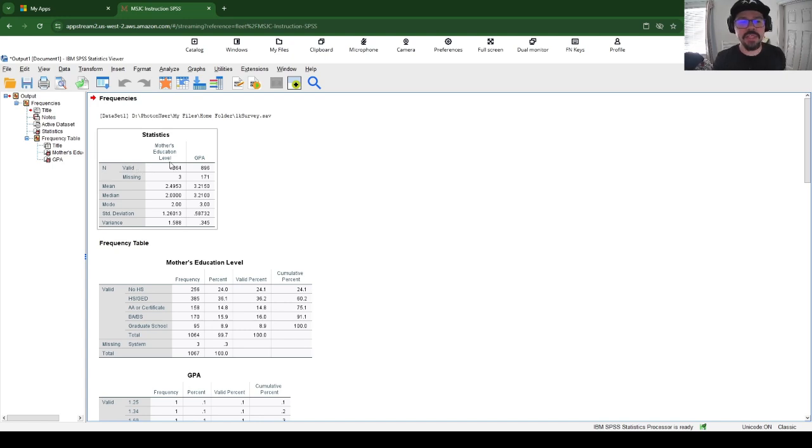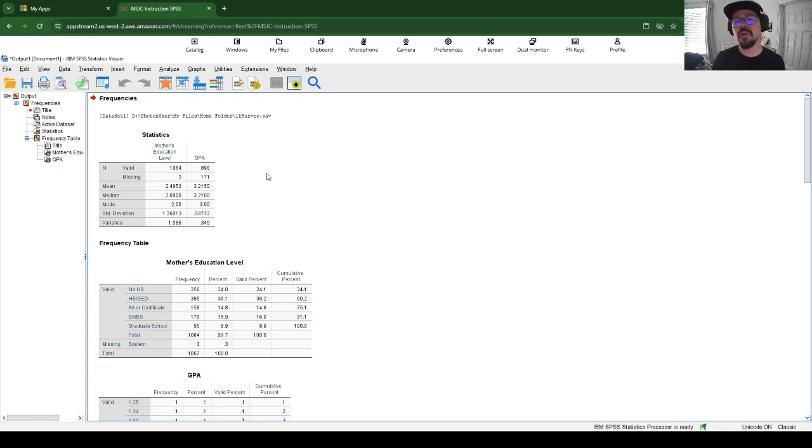So we have the mother's education level. We had 1,064 people who responded to that question. The GPA variable, 896 people responded to that question. We have an average, a median, and a mode for the mother's education level. But remember that not all measures of central tendency or measures of variability can be applied to all types of levels of measurement.